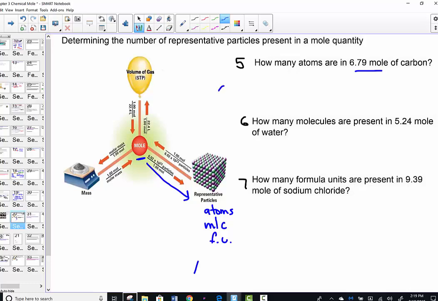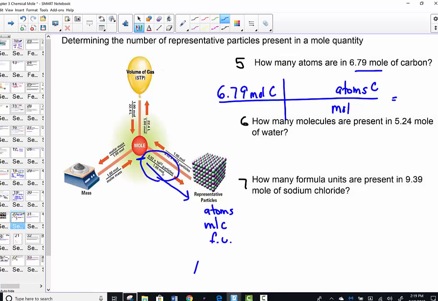So the work would look like 6.79 moles of carbon. I'm going to set up a conversion factor where the mole unit cancels, and I'm at the individual atoms of carbon. By definition, you can see on your visual that 1 mole is equivalent to 6.02 times 10 to the 23rd atoms of carbon.